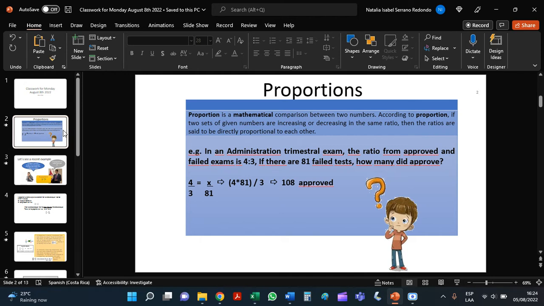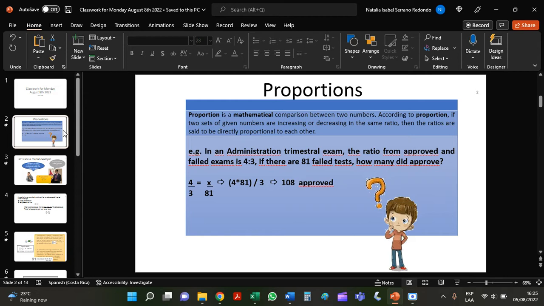According to proportion, if two sets of given numbers are increasing or decreasing in the same ratio, then the ratios are said to be directly proportional to each other. For example, the administration trimestral exam that we saw in the previous class.